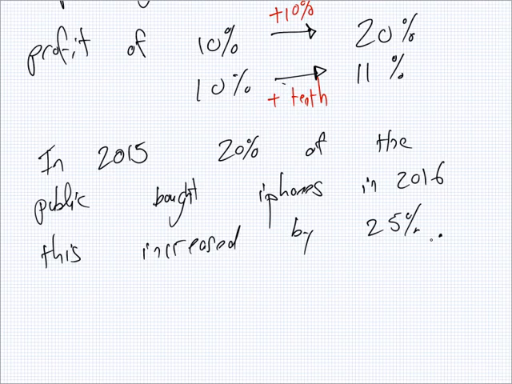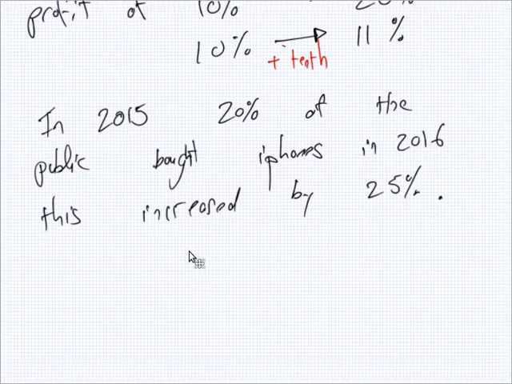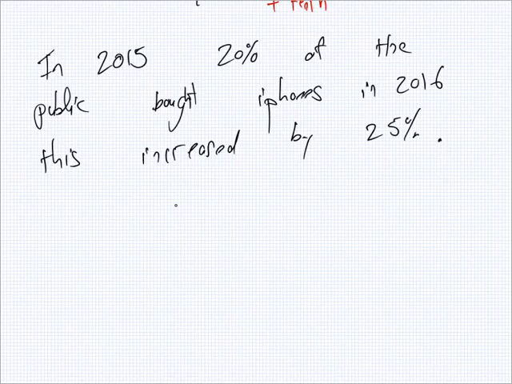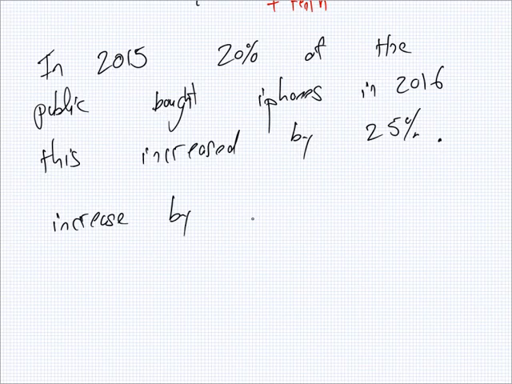25%. Yeah. So just so you know, there is a quick way to increase by a percentage. So for example, if you want to increase by 25%, you multiply by 1 plus the percentage.